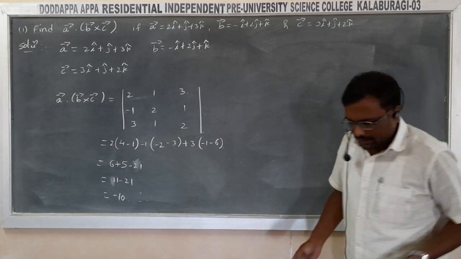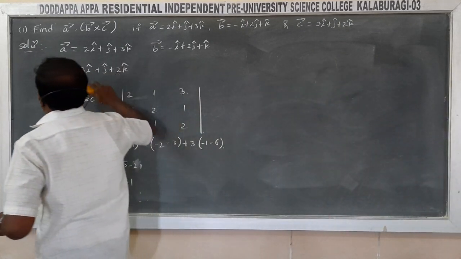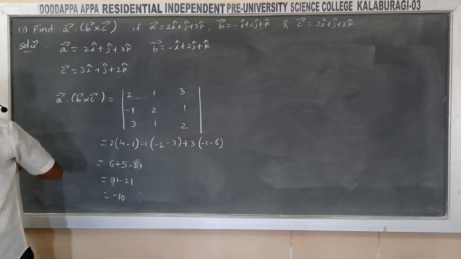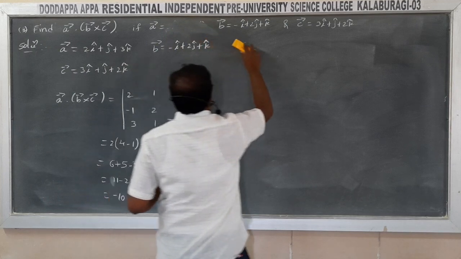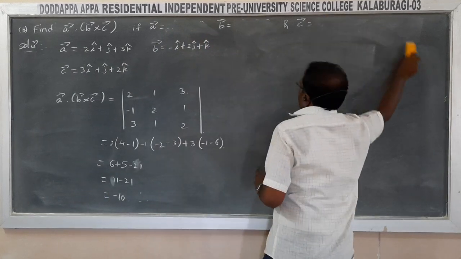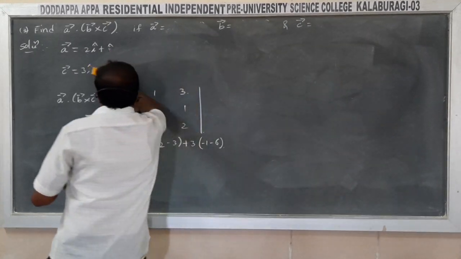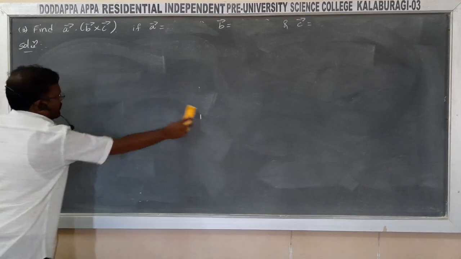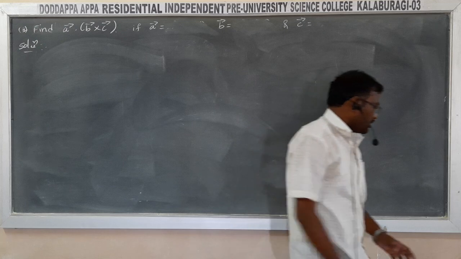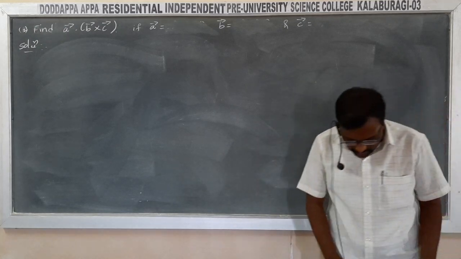Similarly, we go for the second problem. So as before, find vector A dot of vector B cross C, where vector A, vector B and vector C are given. Right? So what do you do first? You have to write.